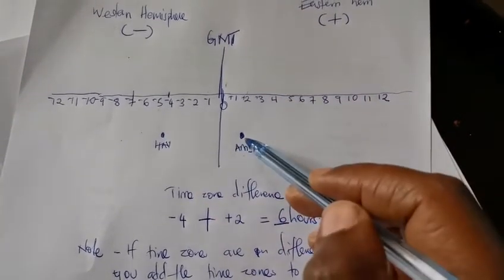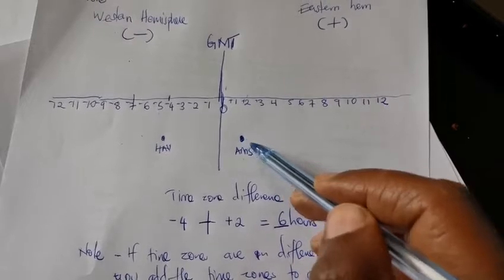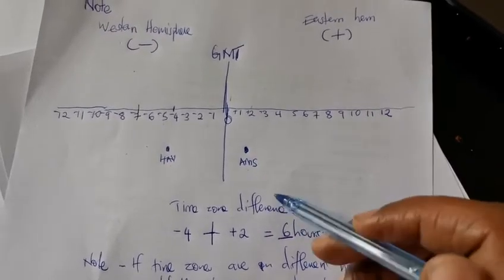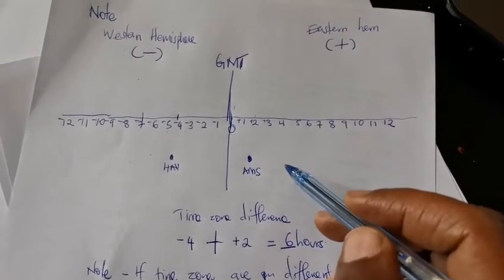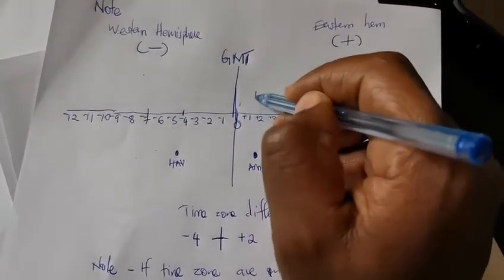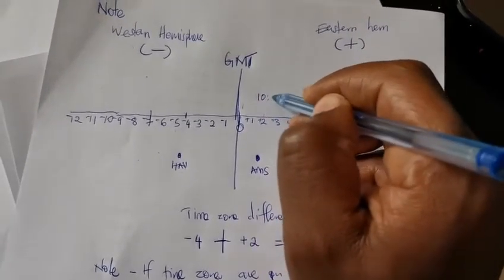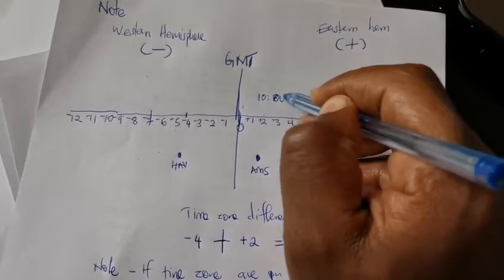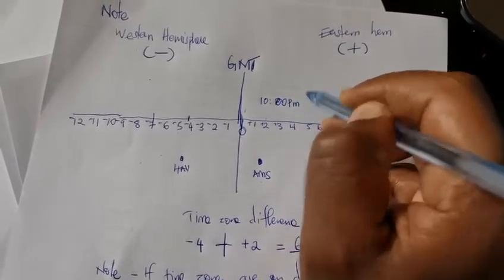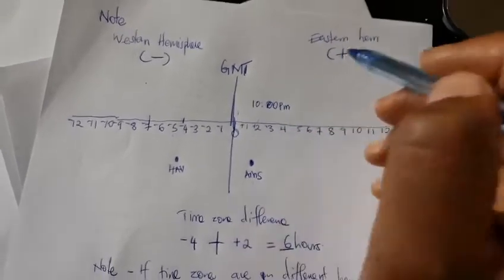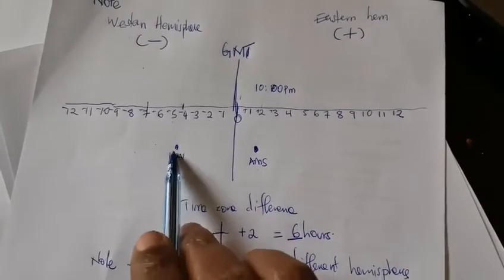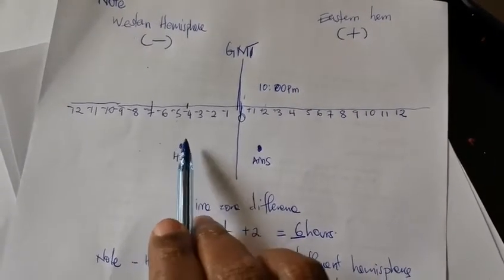Once you know this, you can easily tell the time at Havana. You can also easily tell the time in Amsterdam. Giving a small example, if it's 10 p.m. in Amsterdam, what time is it in Havana?